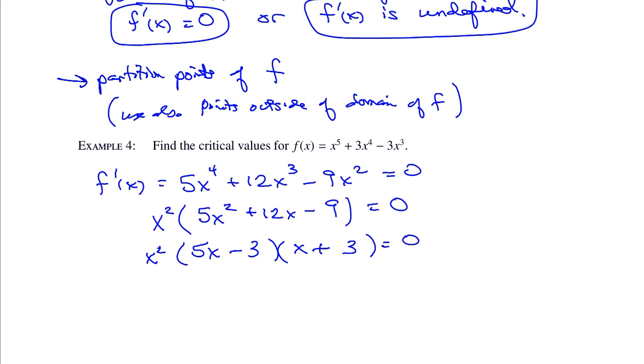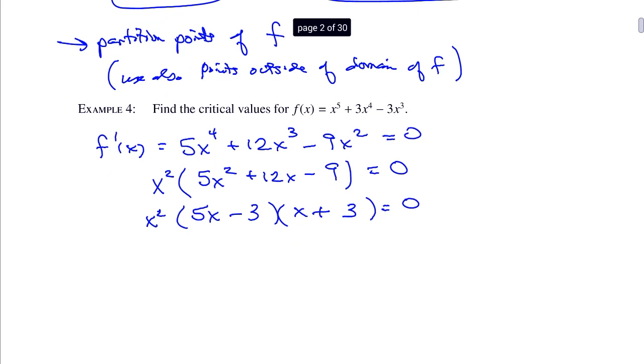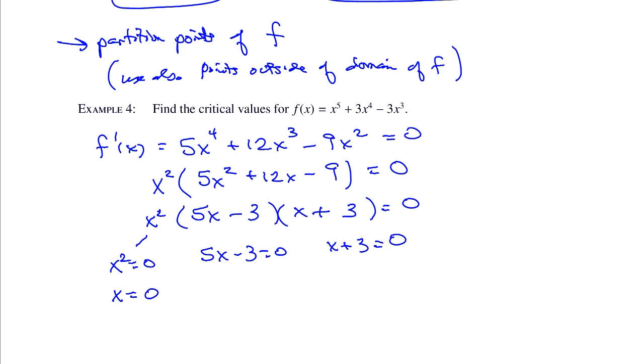Now, take each factor and set it equal to 0. So x squared equals 0, 5x minus 3 equals 0, and x plus 3 equals 0. So we get x equals 0, x is equal to 3/5, and x equals negative 3.